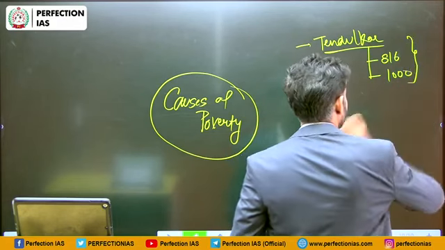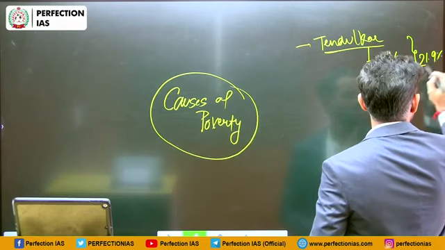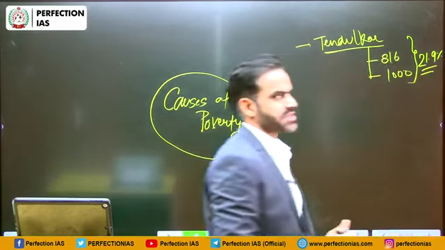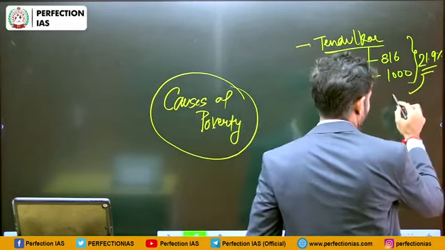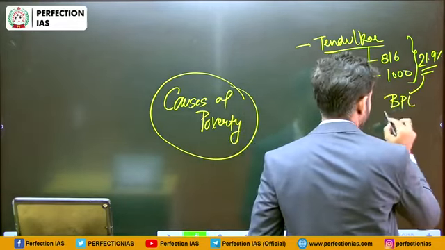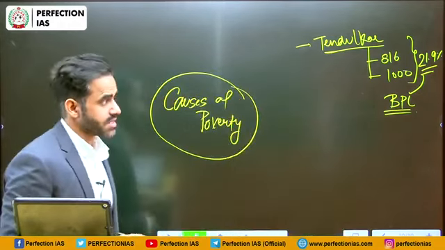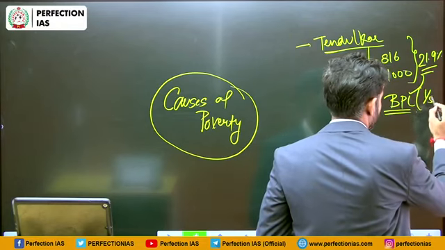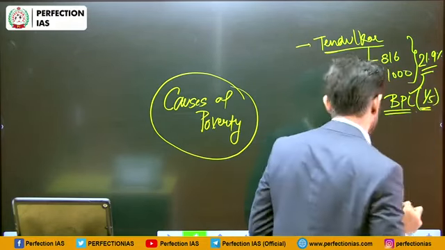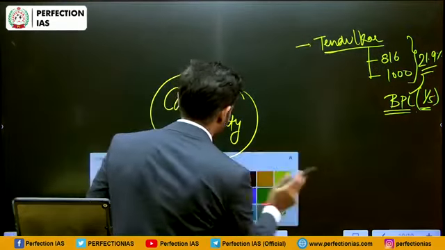And as per these recommendations, 21.9% population is below poverty line in our country. 21.9%. That means roughly 1/5 population of our country is below poverty line. Okay, now we are going to discuss the causes or factors.